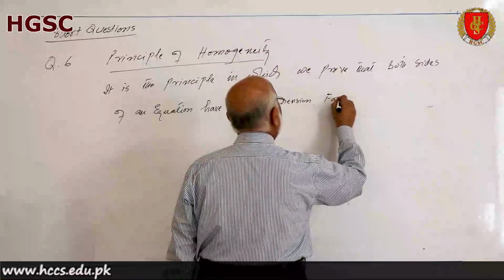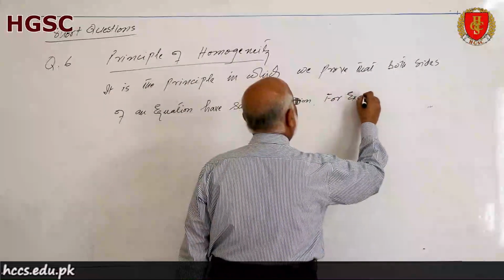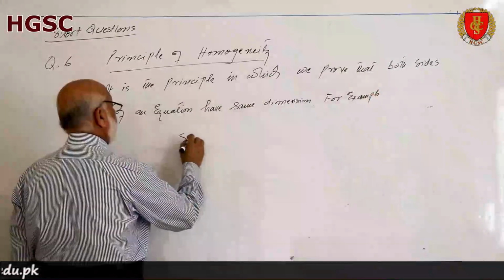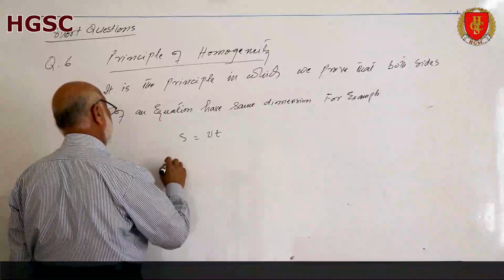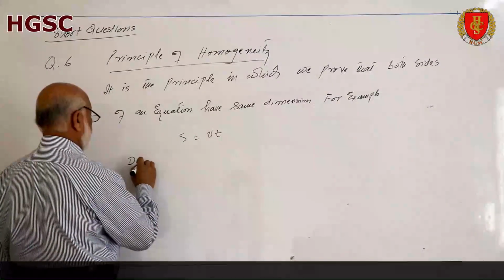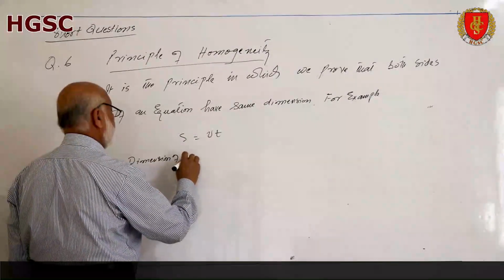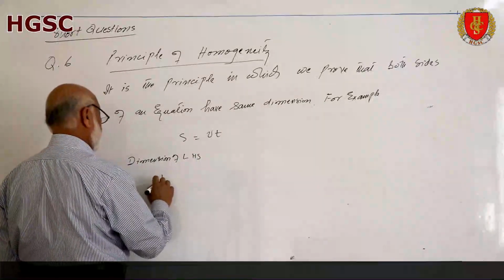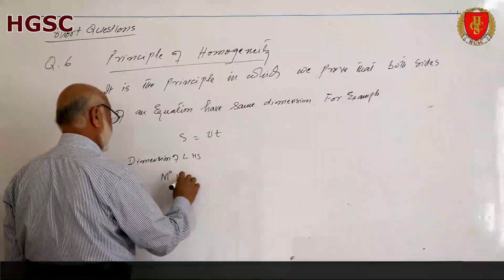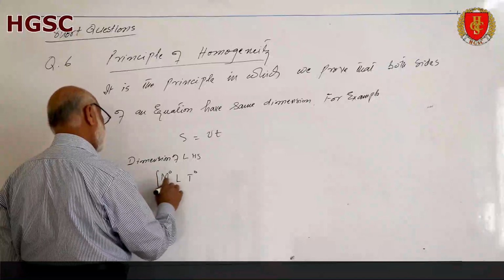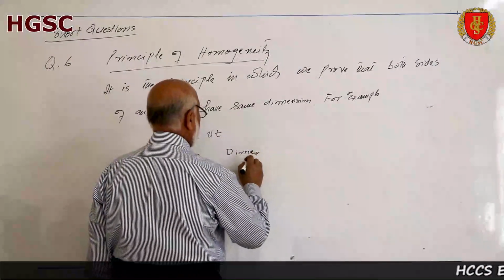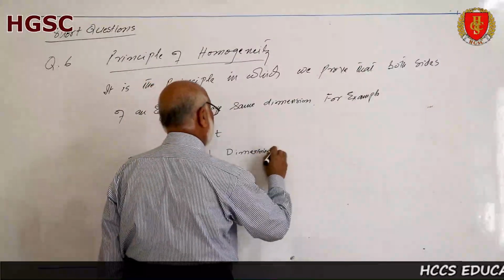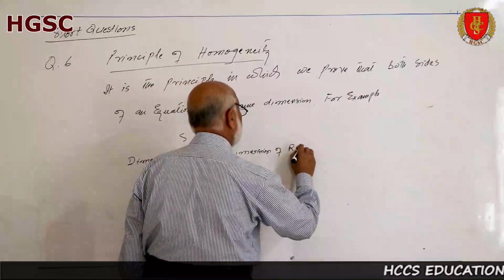For example, S is equal to Vt. The dimension of the left hand side is equal to the dimension of the right hand side.